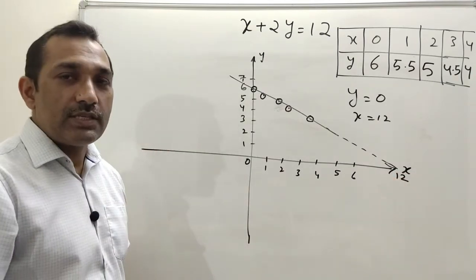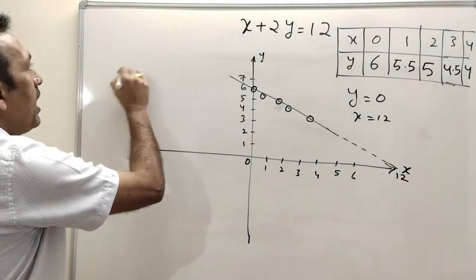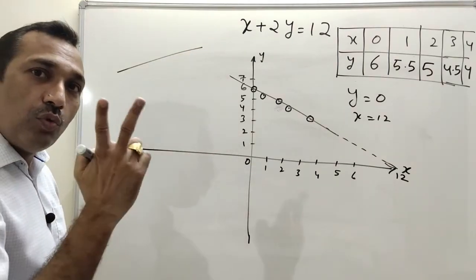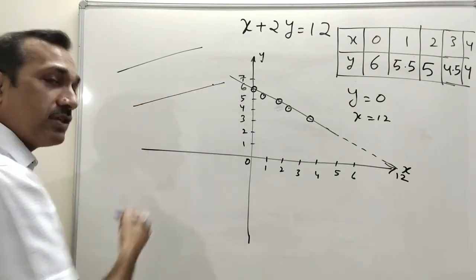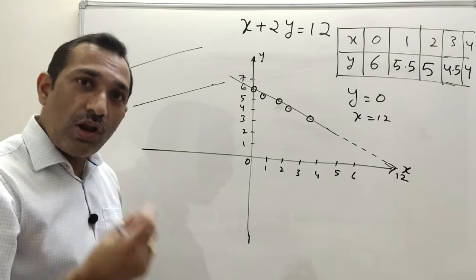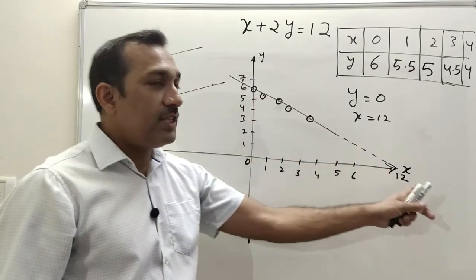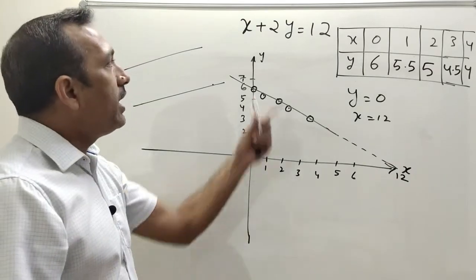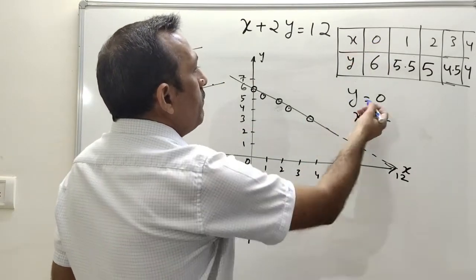Now one more thing: to draw a line, I need 2 points. If 2 points are there, then the line is fixed, right? To draw a line, I need minimum 2 points. So if I have to draw this line, an easy way is to find the points when x is 0 and when y is 0.